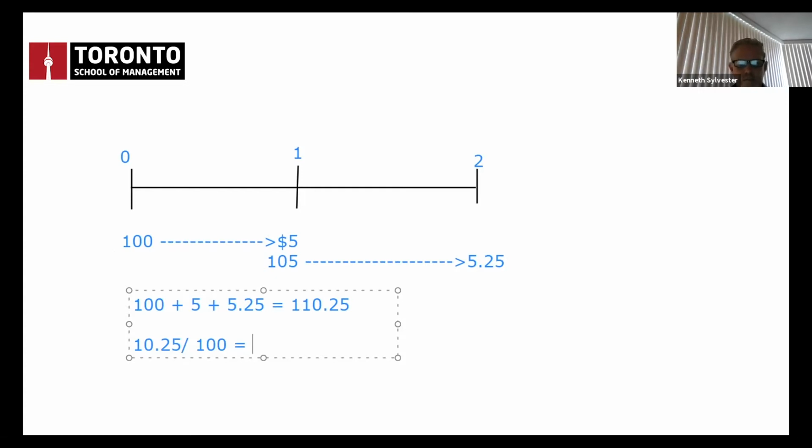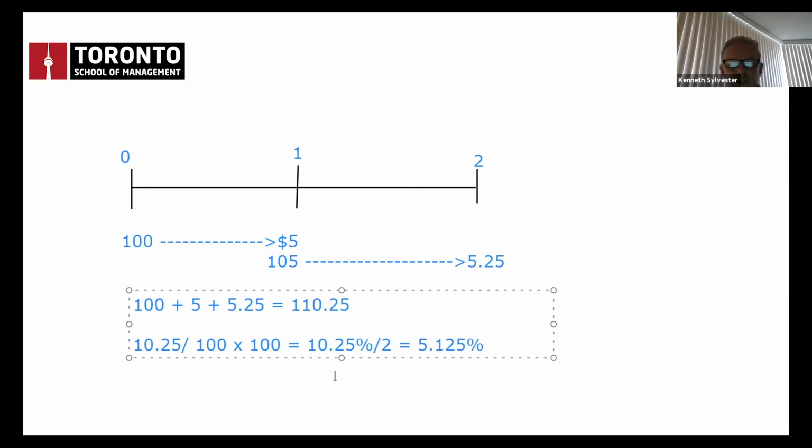Then of course, I always forget to do this, times 100 to get a percentage. It gives me 10.25%. Then I'm going to divide that by 2 for 2 years. And that gives me 5.125%.